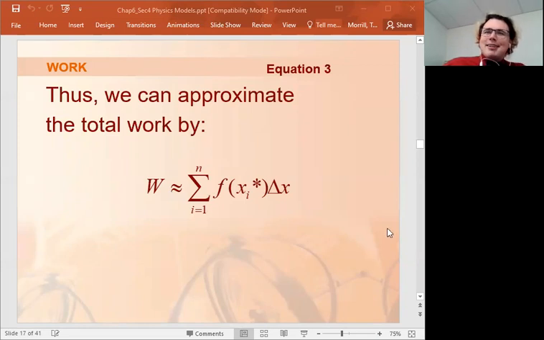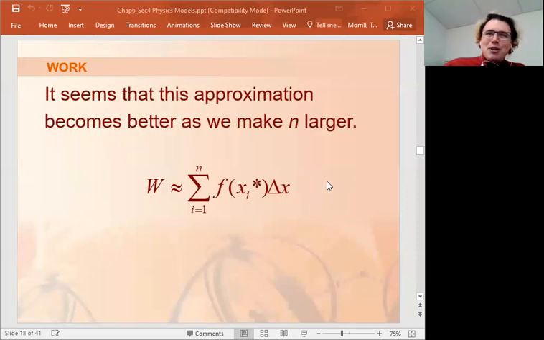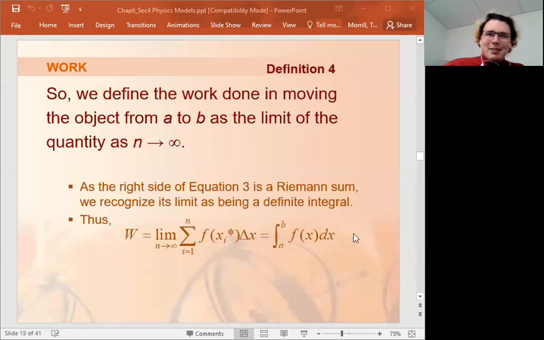And like a broken record, my approximation gets better the more subintervals that I take. And in the limit as n goes to infinity, this Riemann sum is going to become an integral, which we know how to calculate.